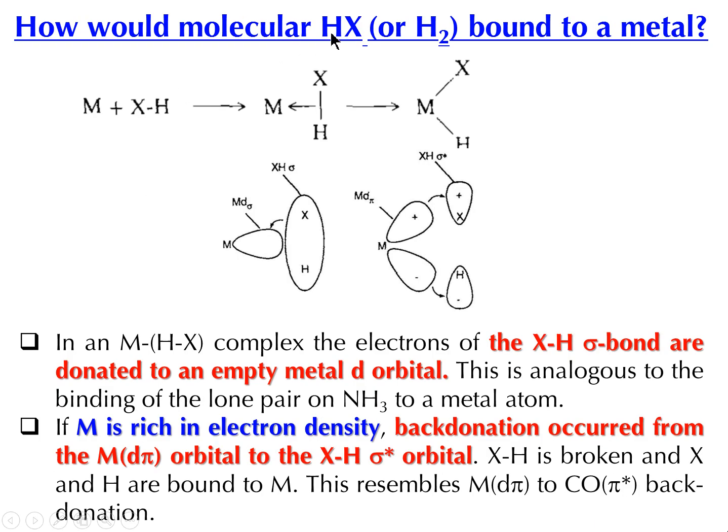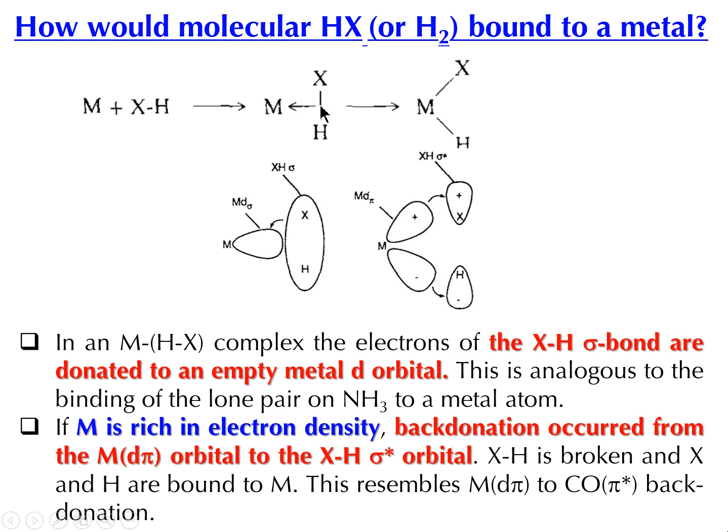How would the molecular HX or H2 bind to a metal? Suppose we have a metal center M and we add a molecule HX. To note that between H and X we have two bonding electrons. These two bonding electrons will be donated to M to obtain this figure.